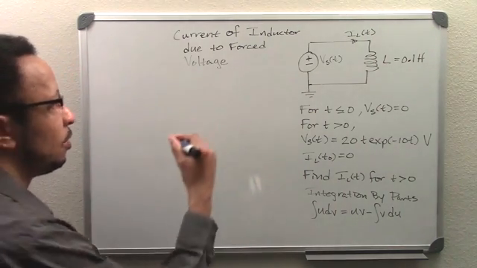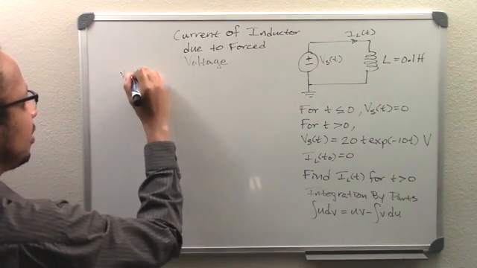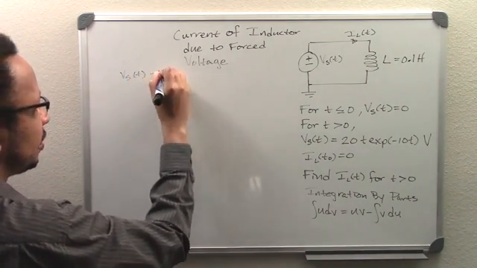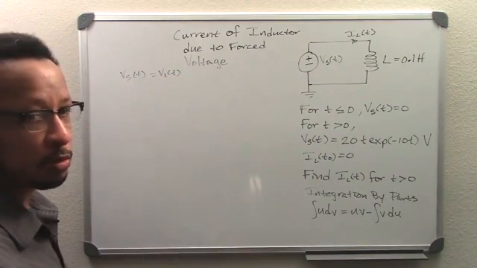To start, we notice that Vs of t equals VL of t. It has to, because that's the voltage imposed across our inductor.